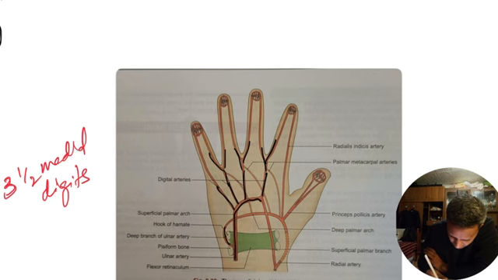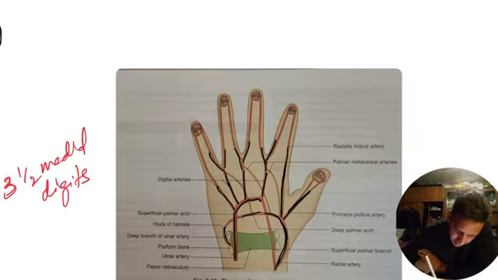And this is your deep palmar arch coming from your radial artery, giving off princeps pollicis and a branch to your index finger, right? The ones which are curved behind in dotted lines are your metacarpal branches coming from your deep palmar arch. As you can see, they are anastomosing with your common digital arteries.